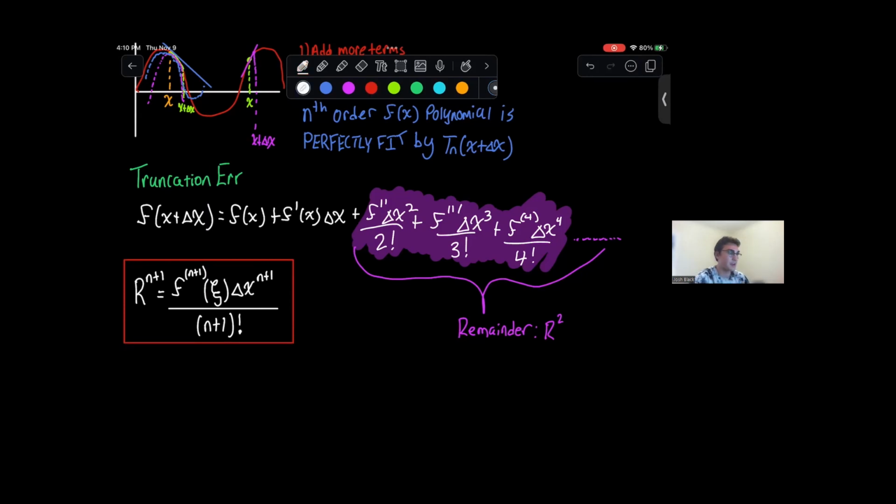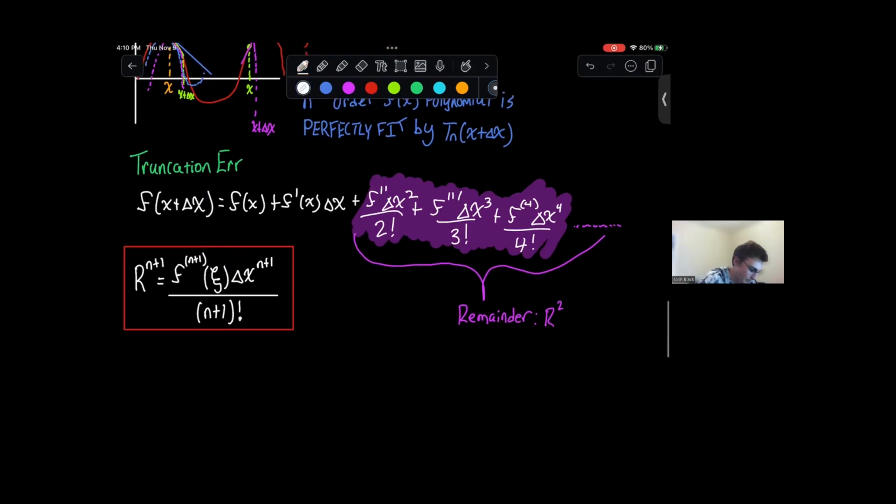And what's cool about that number that we just defined is that this value is bounded by x and x plus delta x. Our derivative is always going to be evaluated between those 2 points because we're trying to find a value at x plus delta x.